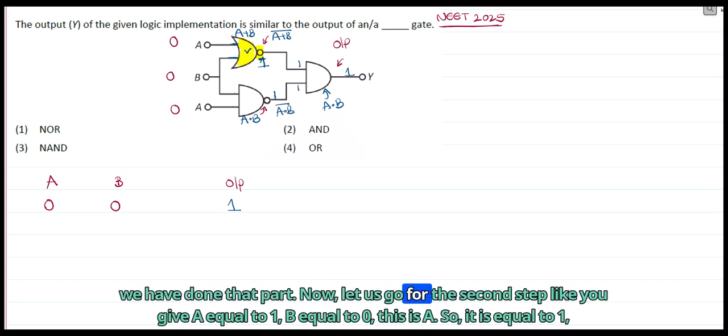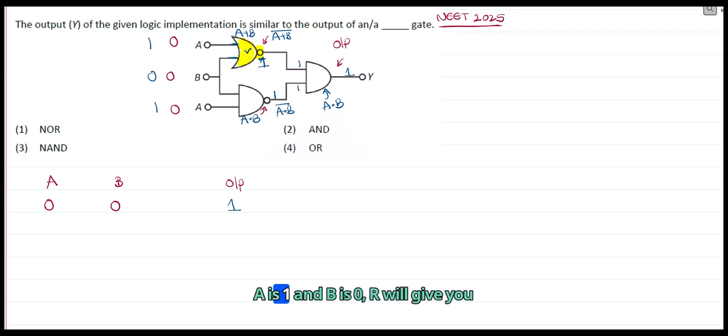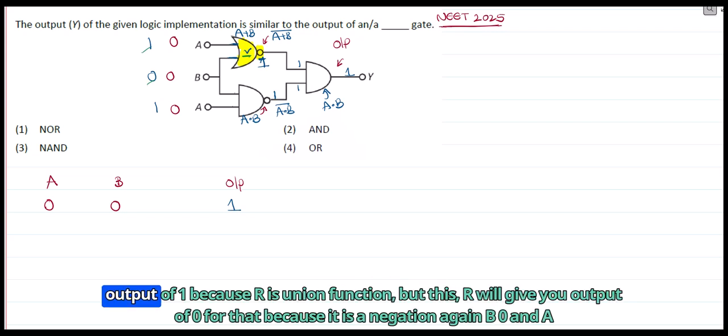Now let's go for the second step. Say A equal to 1, B equal to 0. This is A, so it is equal to 1. I'll take a different color so that it becomes easy for you to identify. The OR gate will give you an output of 1 because OR means union function. But this NOR will give you an output of 0 because it's a negation.